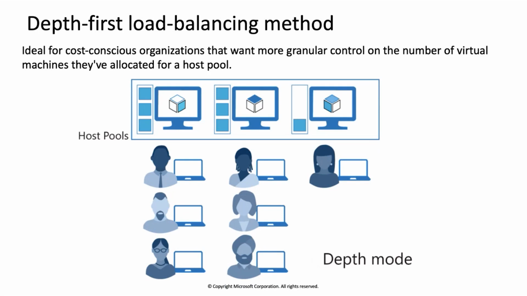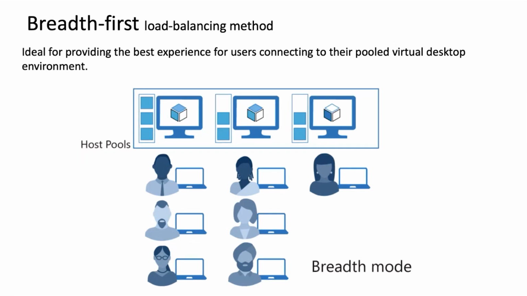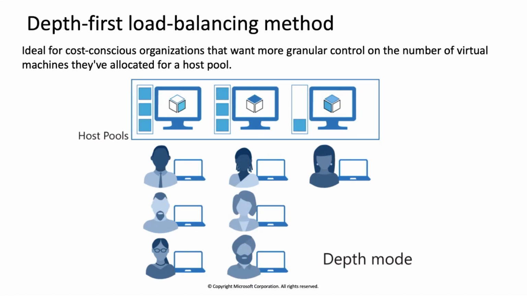Same way, if I go with the depth: how many instances? It's ideal for the cost-conscious organization, the one which wants a more granular number of virtual machines allocated to the host pool at any given point of time. If you compare it with this one, you can distribute across the users, across the environments, and here you can distribute based on the hosts, in depth mode, consume one and then move to the next one.